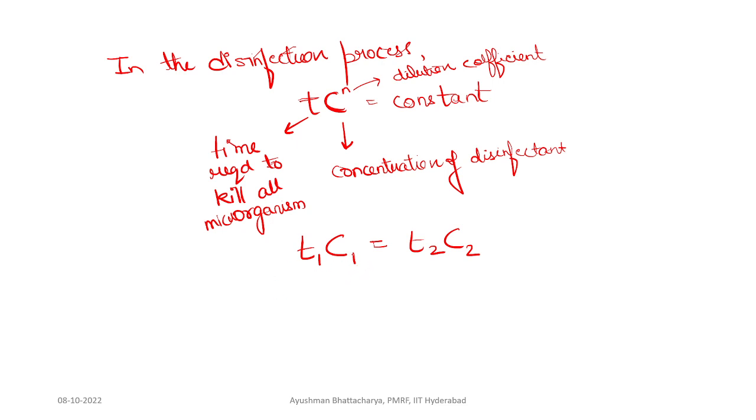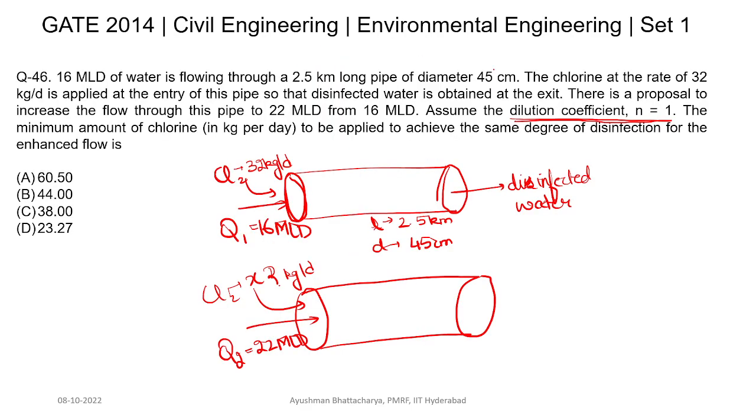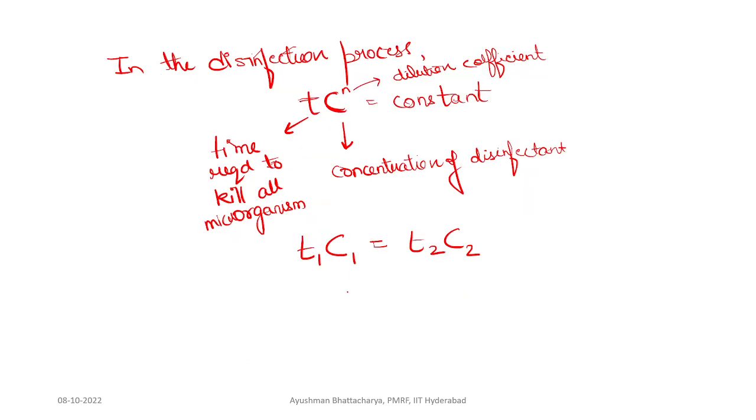Now C1: in the question they have mentioned that initially 32 kg per day of chlorine is applied at the entry of the pipe, and the discharge is initially 16 MLD. So C1 we can write as 32 kg per day by discharge Q1 liter per day.